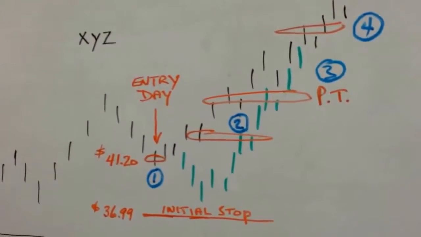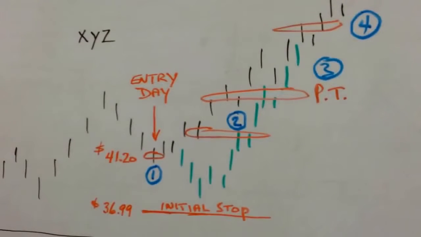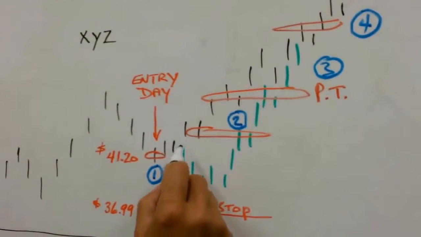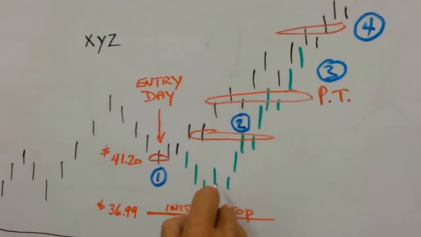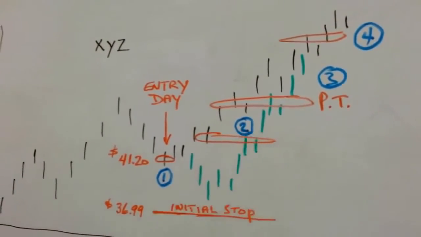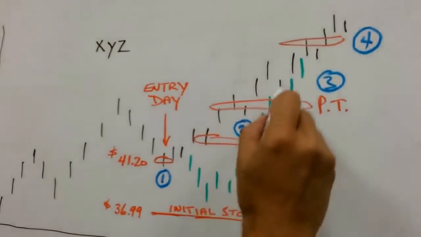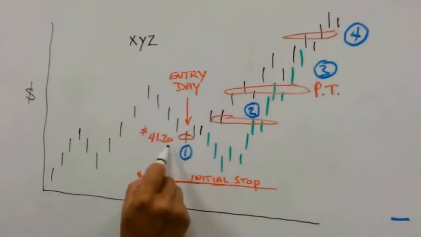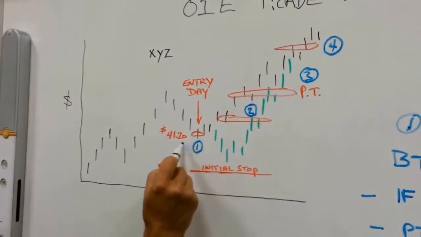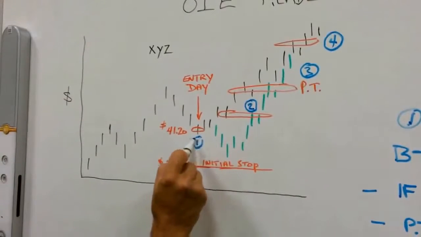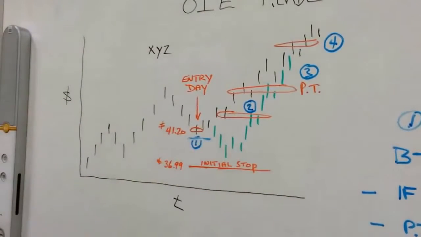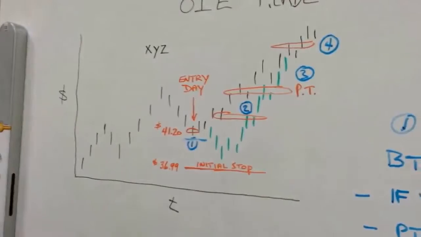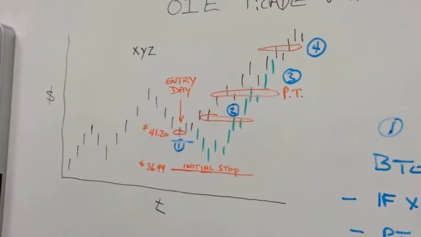But of course, the market doesn't always cooperate immediately, and sometimes it'll sell off first, like it did here with my green bars, and then go up. Now, if we place that initial stop too tightly, like a lot of traders will put that stop in right in here, they're going to get stopped out and have a losing trade. With the option strategy, you don't have that problem.